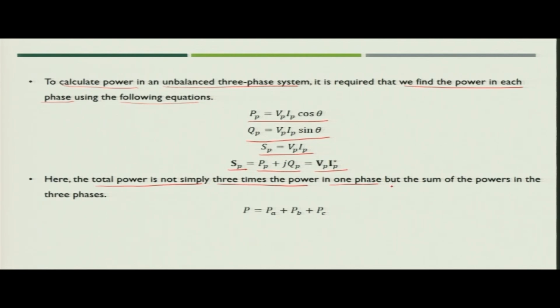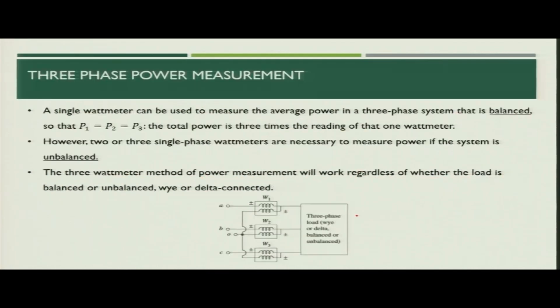So, in that case how we will calculate the total power? In that case we will find out the total power as the sum of powers in 3 phases. So, we will write P, that is total power for the 3 phase system, will be Pa plus Pb plus Pc.